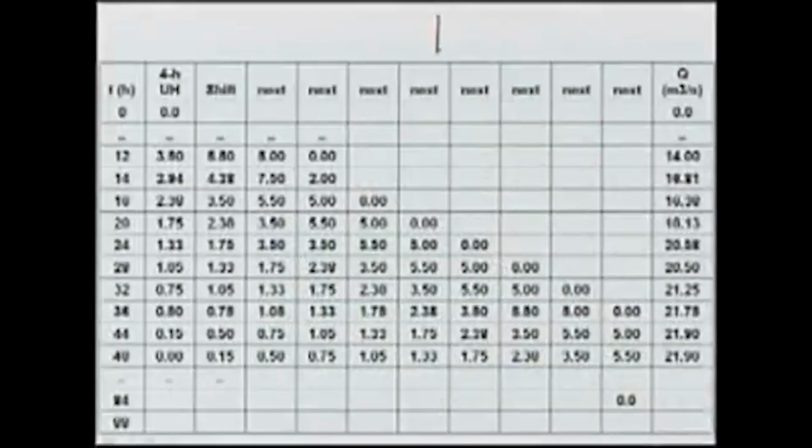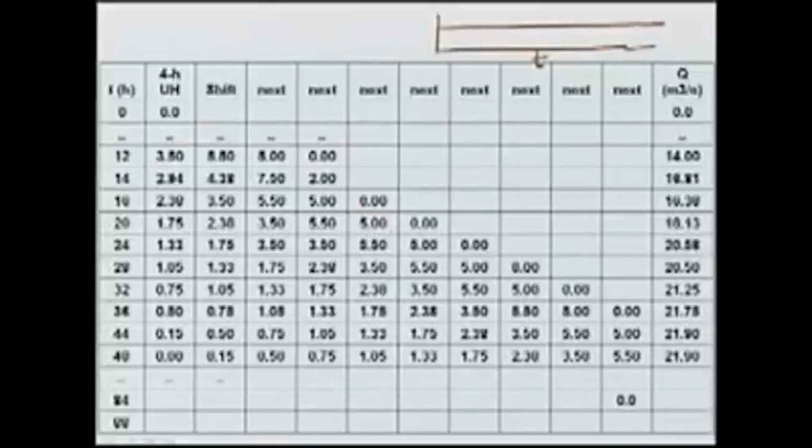The S curve indicates a rainfall of infinite duration. So, suppose we are talking about a 4-hour S curve. The intensity would be 1 by 4 centimeter per hour, but the duration will be infinite.